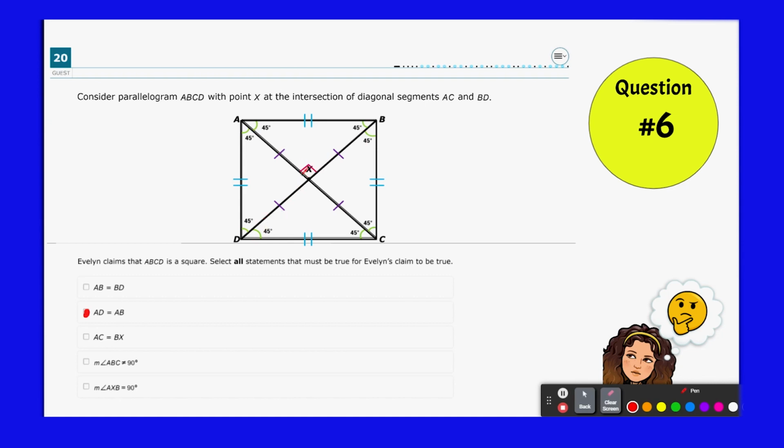So you can see we have our right angle here. That's what this is stating, that angle AXB is 90 degrees. That has to be true. So we're going to color that in. Okay. So the only true statements on this list would be that AD is equal to AB and the measure of angle AXB is equal to 90.